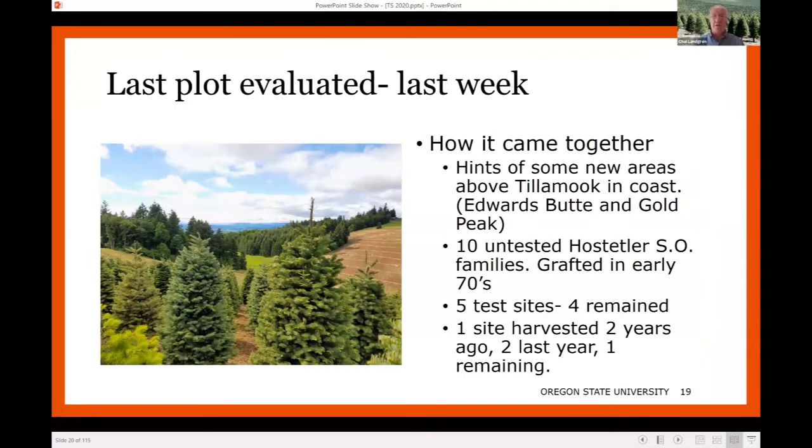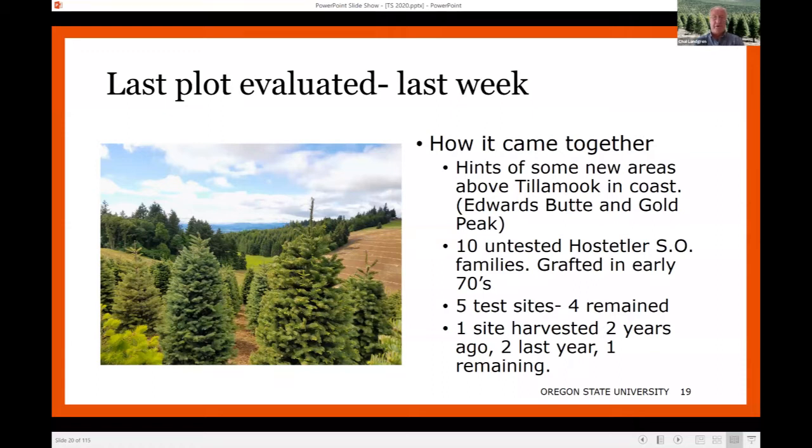The last plot was evaluated last week. So again, it's an area around Tillamook that had sources that were loosely called Edwards Butte and Gold Peak. There's also, in this trial, we had 10 untested sources from the Hostetler seed orchard.